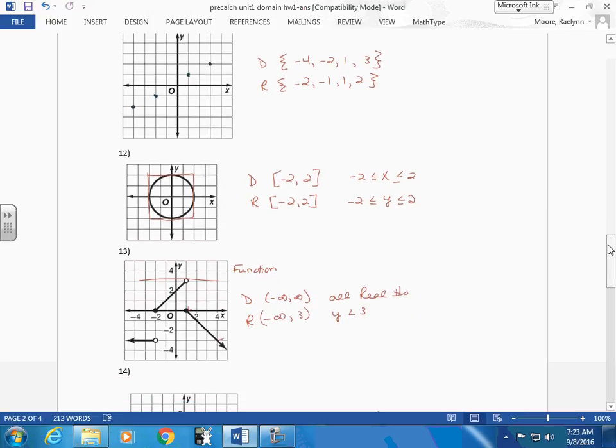Again, these are finite points. These are discrete points. They have specific values. So we can only take out the x's, we can only take out the y's. They're not connected. If we put a line between them, that's different.